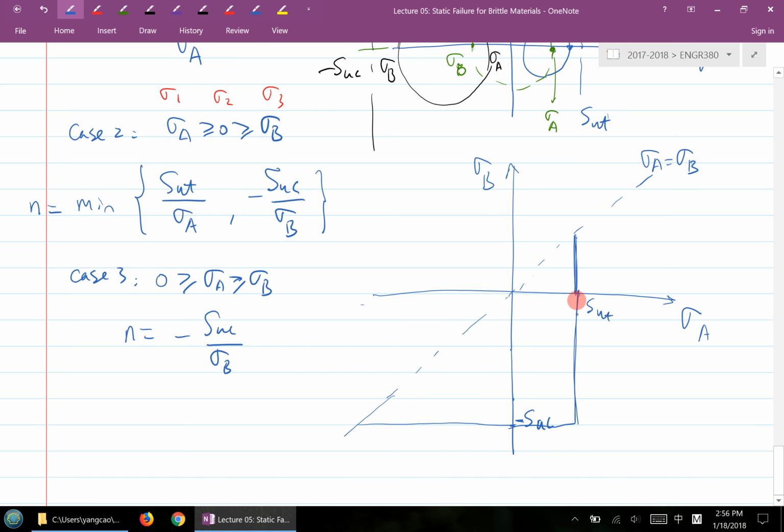So together, you got this boundary right here, and then you can make up the rest of the boundary here, which gives us essentially a rectangular type of boundary. Anywhere within the boundary, it's safe, and outside the boundary, it's not safe. That's MNS theory.